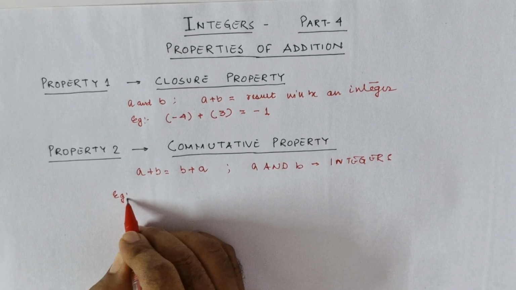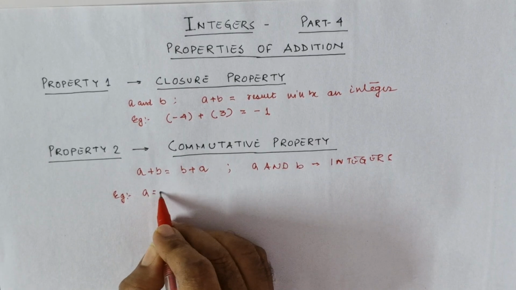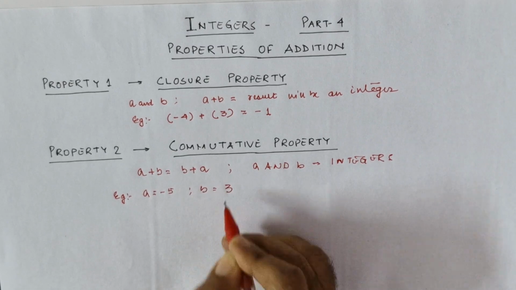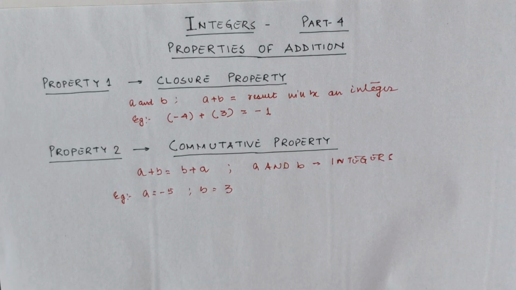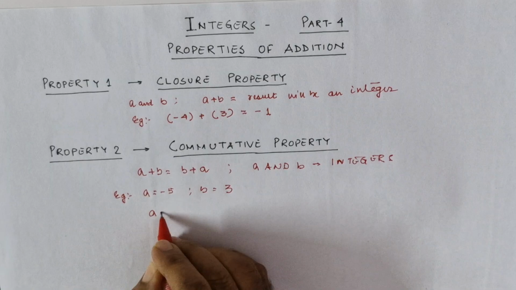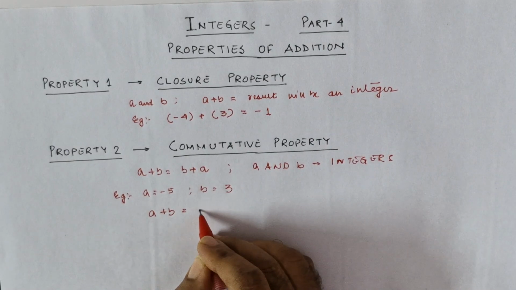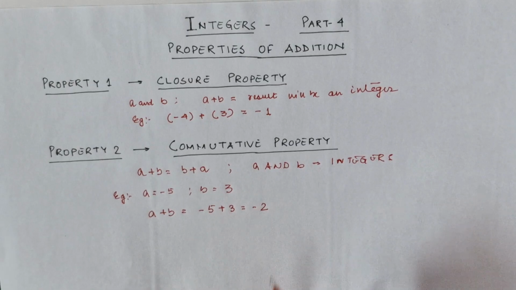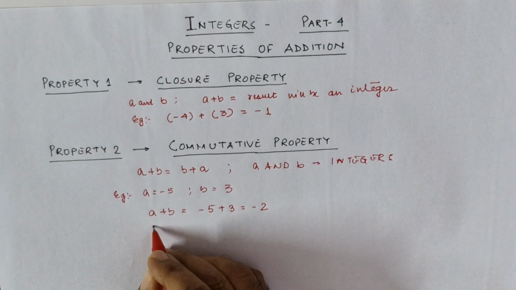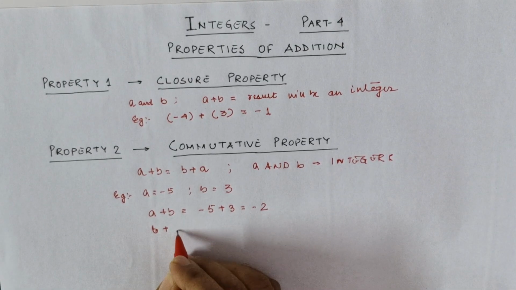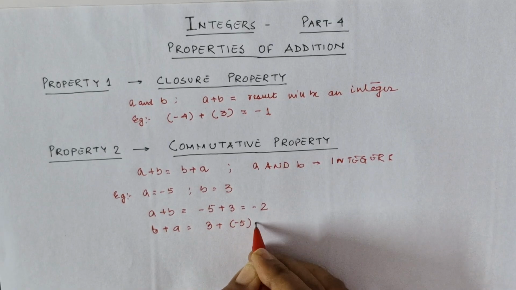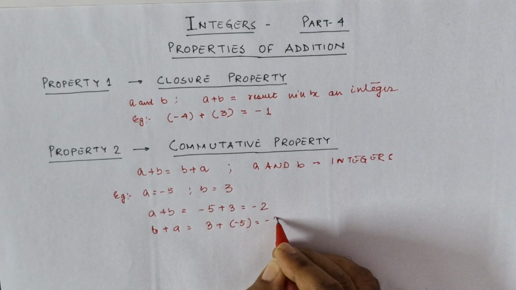So example. We'll take A as -5 and B as 3. So what will be A plus B? A plus B will be -5 plus 3, which results to -2. Now what is B plus A? So 3 plus -5, which results to again -2.